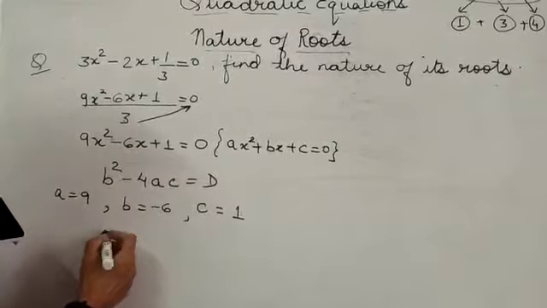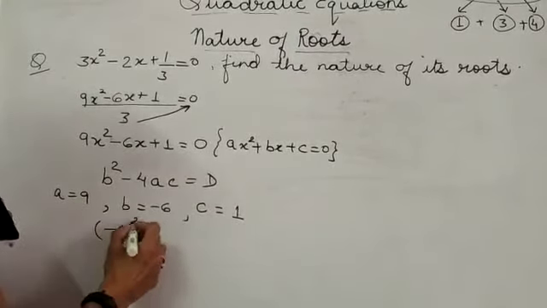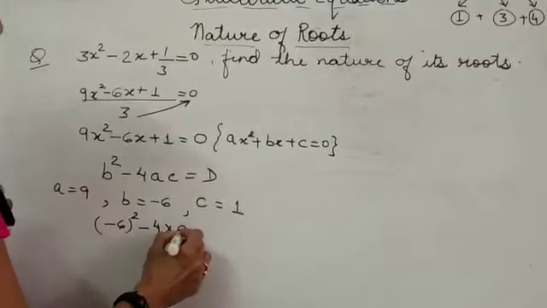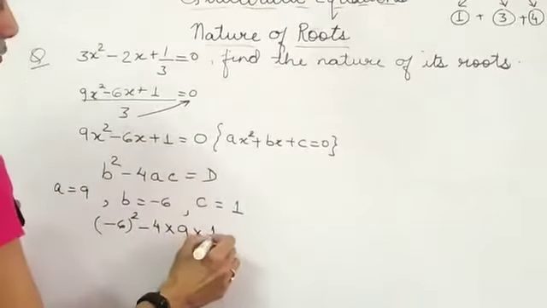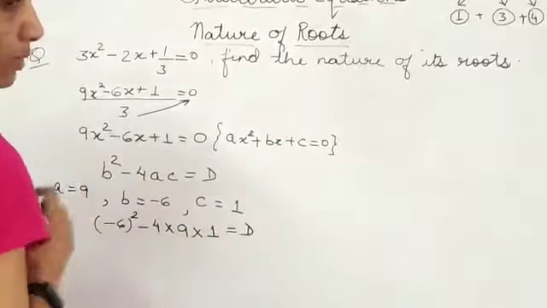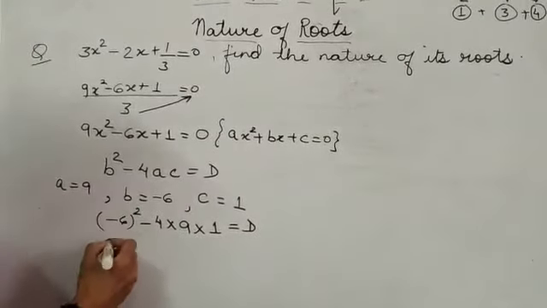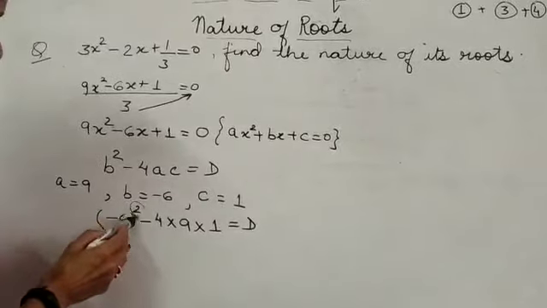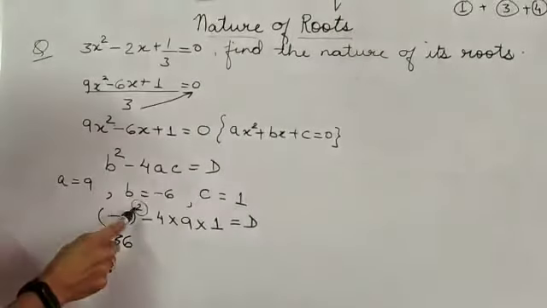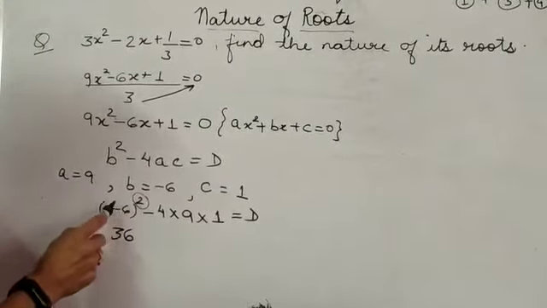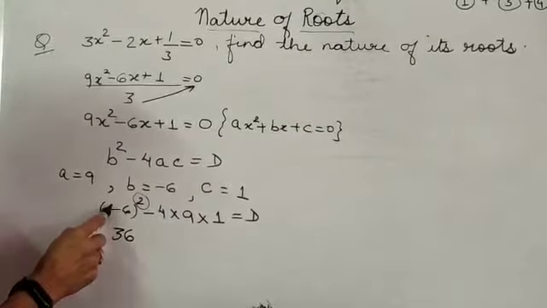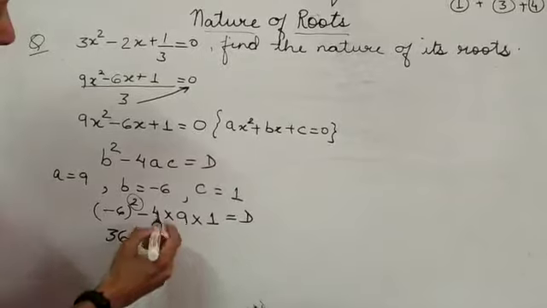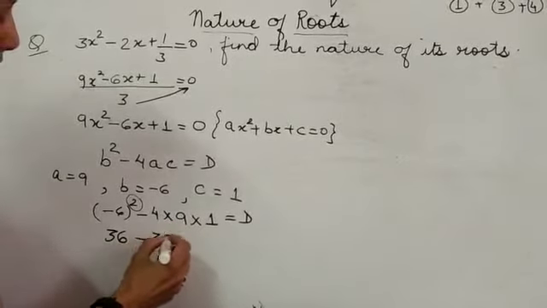So b is minus 6. So minus 6 whole square minus 4 into a is 9 into c is 1, and this will give me discriminant. So minus 6 whole square is just positive 36. Since here the power is even power, so if even power is present with minus sign, then this minus sign becomes positive. Minus 9 into 4 is again 36.